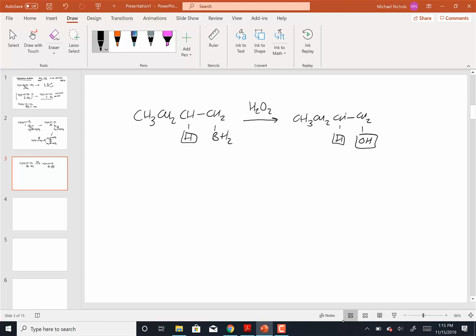And so now we have the addition overall of both reactions. We have H and OH adding to the double bond, anti-Markovnikov, 100% cis because of this mechanism. Right. Does that kind of make sense to everybody?